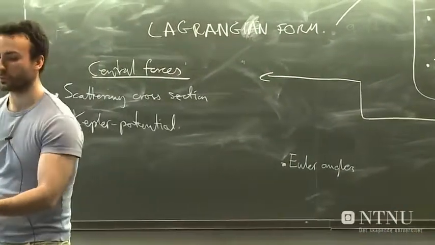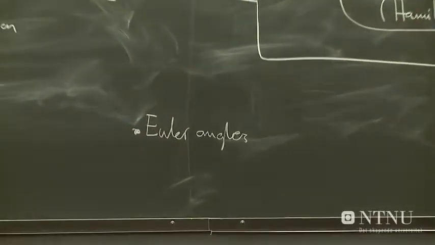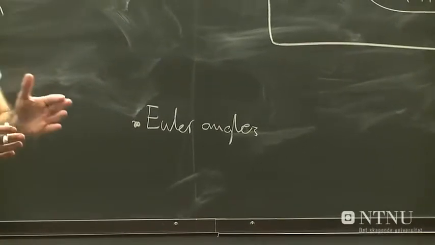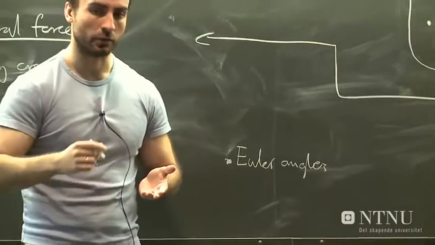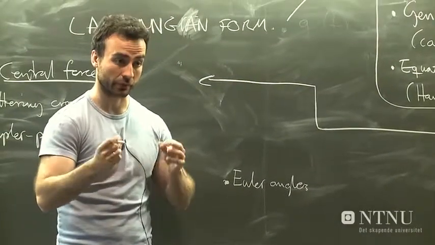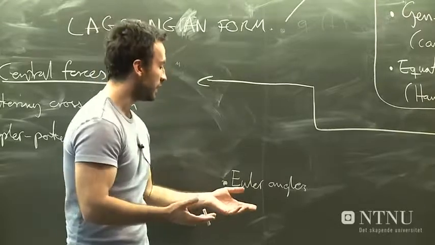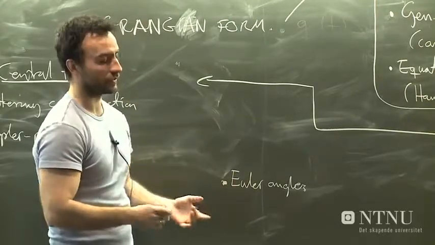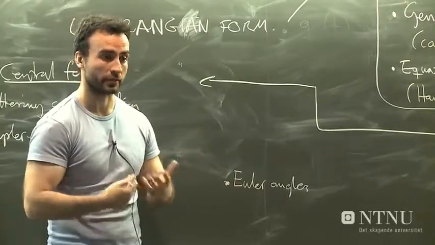Well, since the bodies are rigid, we don't need to take into account any possible deformation or radial dependence of the points in the body, because they would all be fixed relative to each other, which means that we could use the so-called Euler angles as our generalized coordinates.